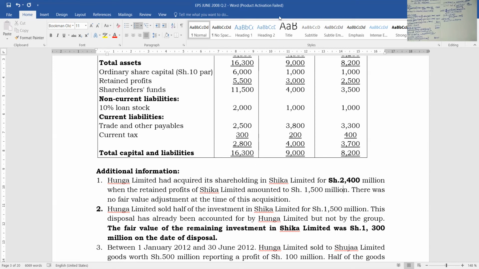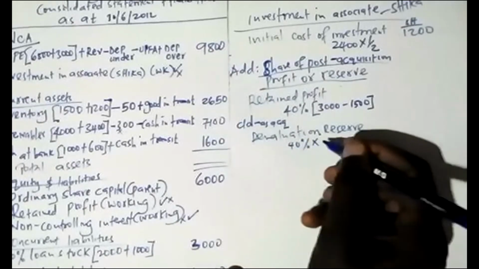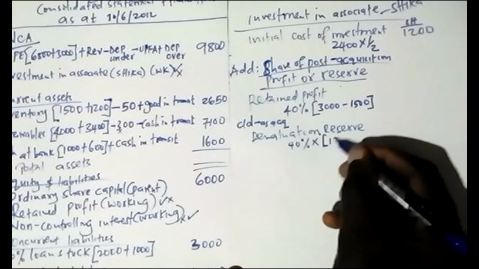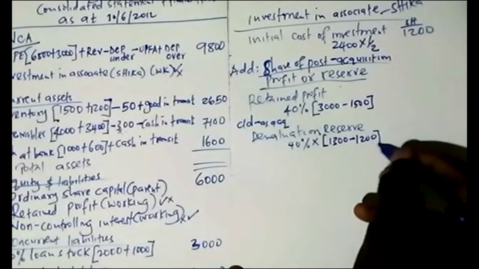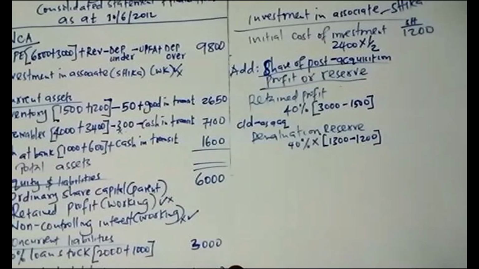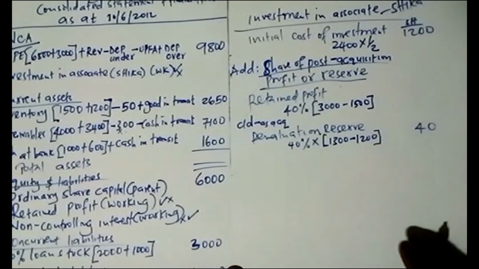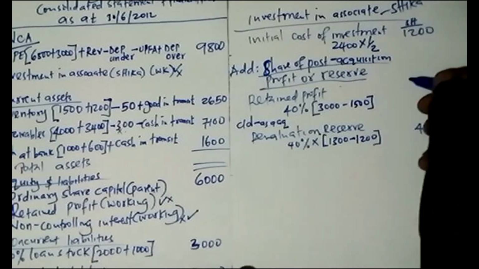You take the 40% and multiply by 1,300 minus 1,200. So this is 40. Then the other one, 1,500 times 40%. This one I'm getting 600.